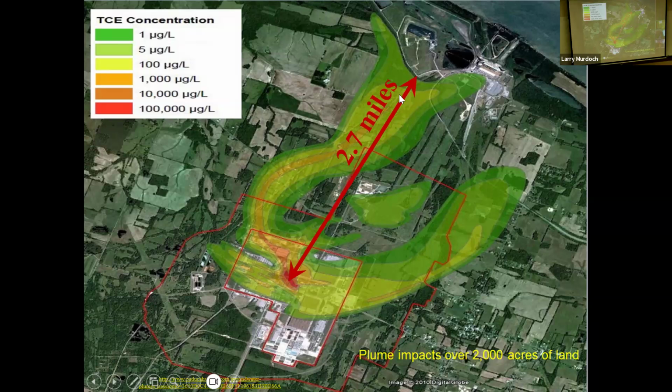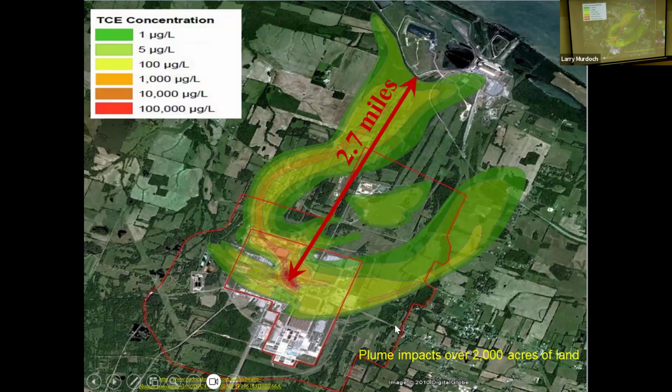So this is a big area of contaminated groundwater. Exposure could occur if there are people that have wells in this area that are pumping this water out. And also there are exposures to the ecosystem here where these plumes discharge to the streams. It impacts over 2,000 acres of land.